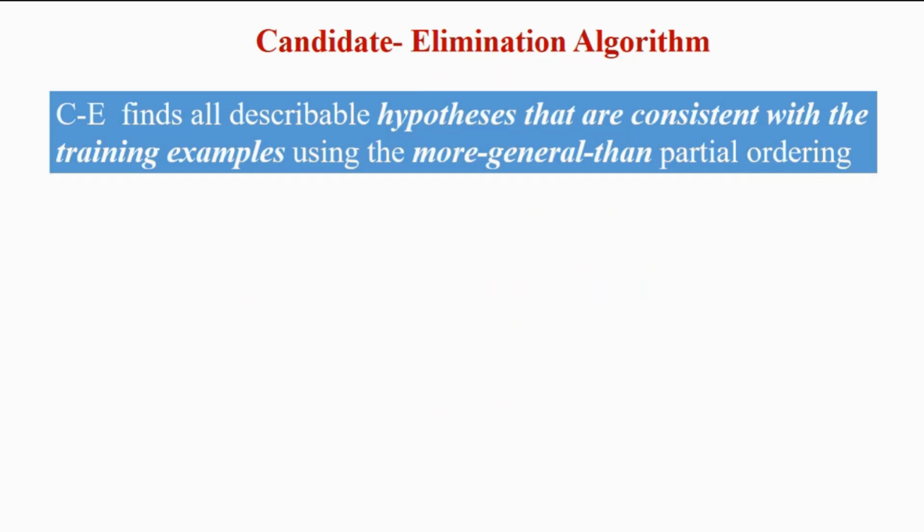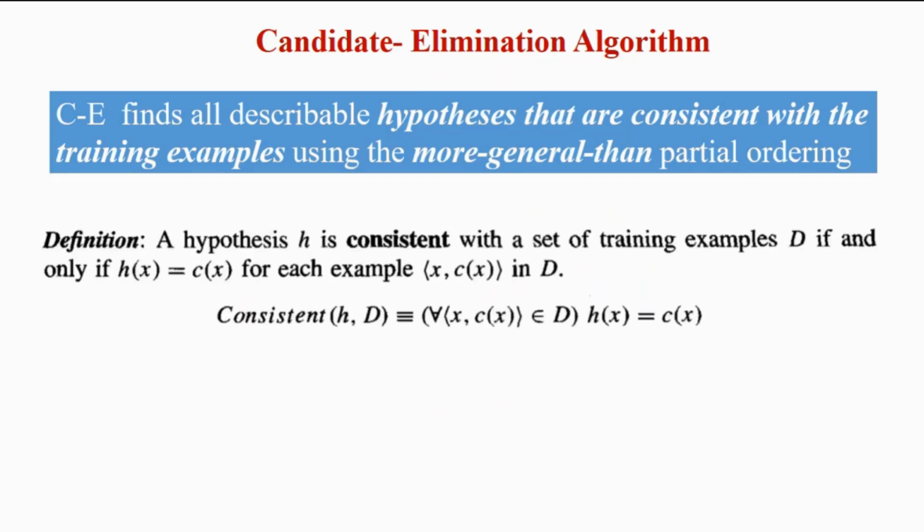By definition, the description given here for the candidate elimination algorithm can be written in a standard way, which says that a hypothesis H is said to be consistent with a given training set of examples D if and only if, when it is applied to each and every example of the training set, it returns the target concept c(x).